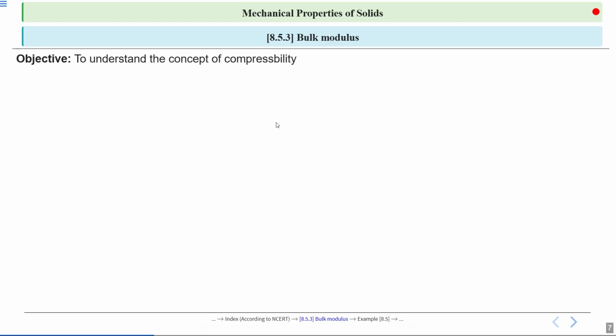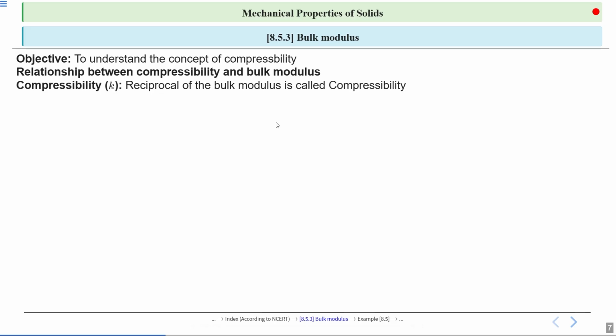Now we will understand the concept of compressibility. So the relationship between compressibility and bulk modulus. So here the question arises, what is compressibility? So we can say compressibility, which we often represent with the letter K, small k, is defined as the reciprocal of the bulk modulus.